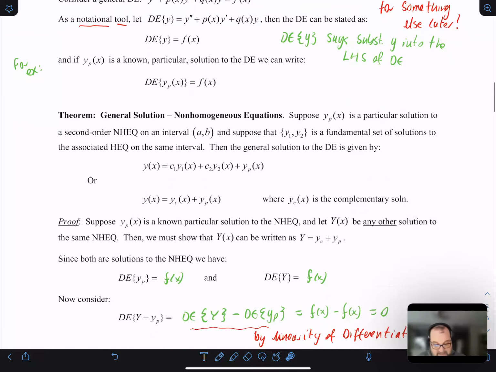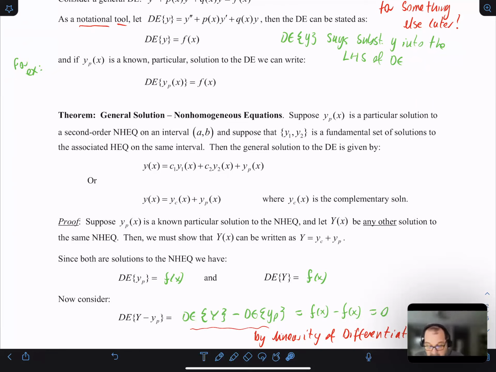This is a big deal. This is an important theorem for us, a big one: the general solution to non-homogeneous equations. The statement says, suppose y sub p is a particular solution to a second order non-homogeneous equation on a particular interval AB.